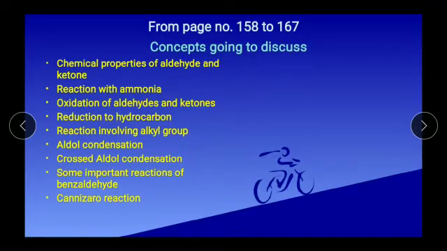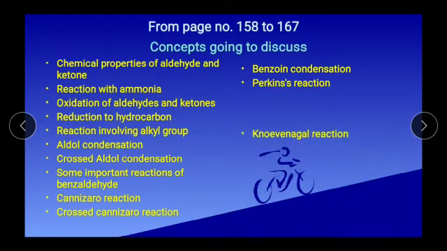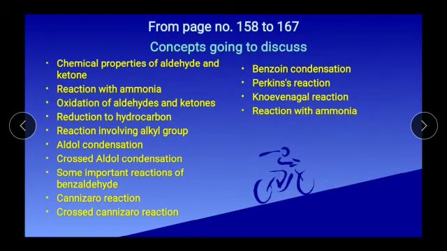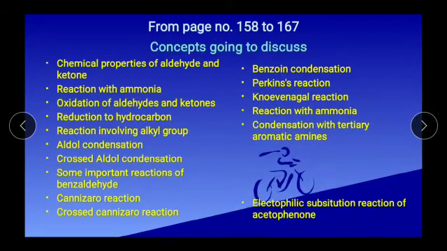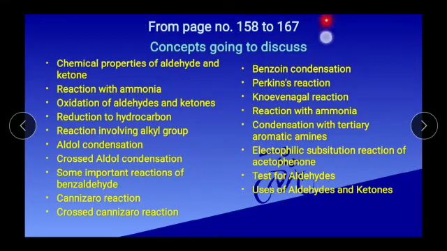Some important reactions of benzaldehyde: Cannizzaro reaction and crossed Cannizzaro reaction, then benzoin condensation, Perkin reaction, Knoevenagel reaction, then reaction with ammonia, condensation with tertiary aromatic amines, then electrophilic substitution reaction of acetophenone, then test for aldehydes, and finally the uses of aldehydes and ketones. These are the concepts we are going to discuss within page number 158 to 167.